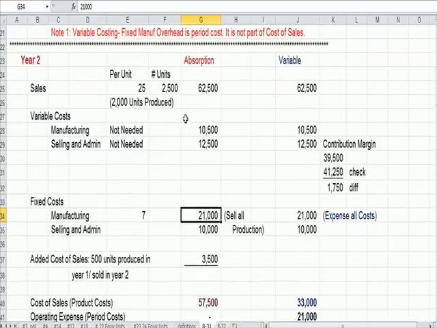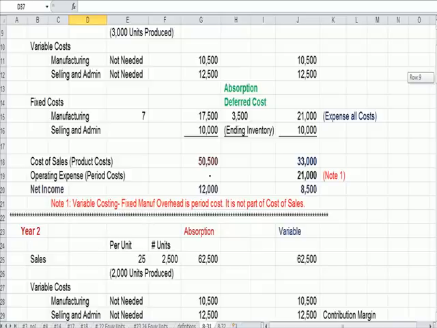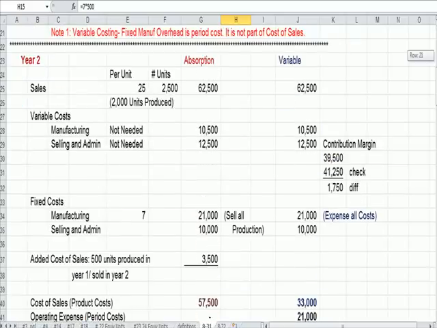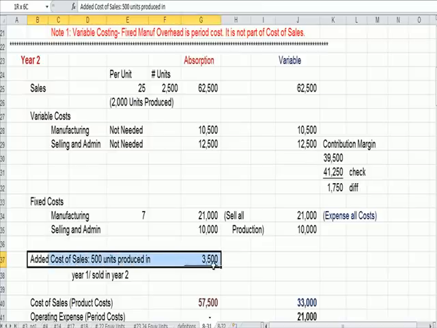But in this case, we sold 2,500 and only produced 2,000, the difference being the 500 units coming off the shelf that were in ending inventory. So that $3,500 that was deferred in year one into ending inventory under absorption costing now becomes an additional cost of sales, $3,500.